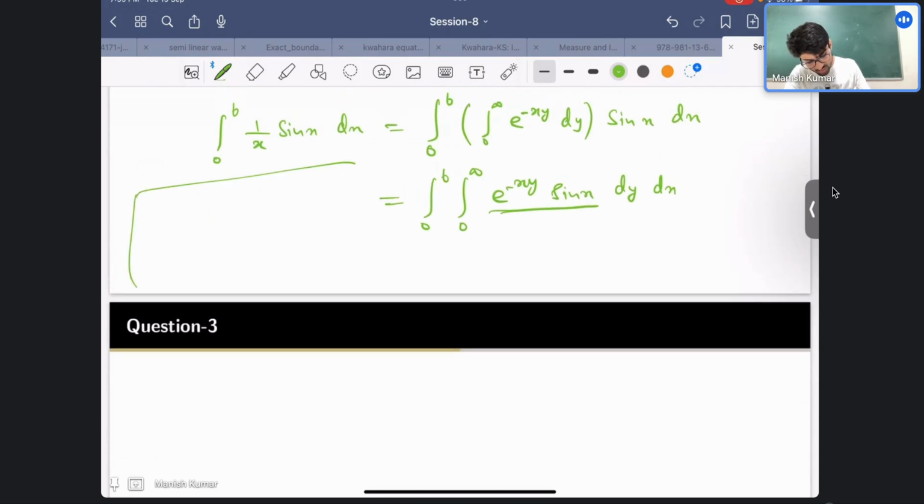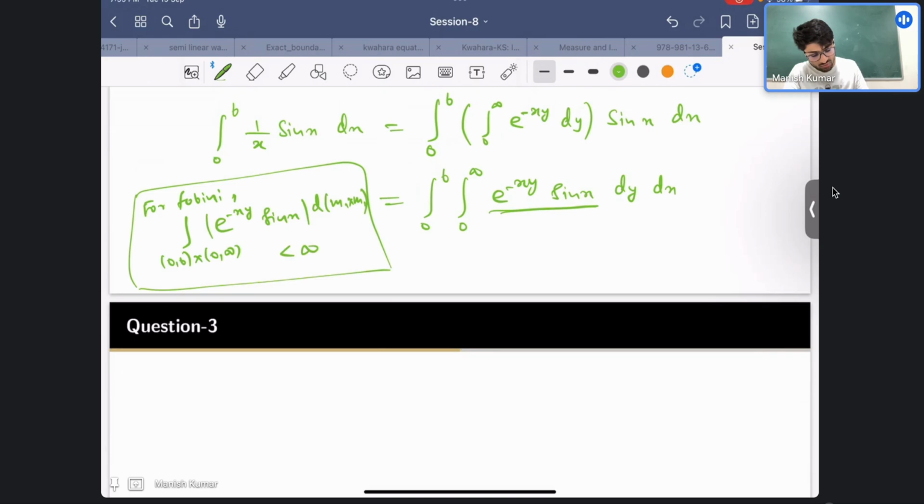So for Fubini, you want to make sure that over 0 to b cross 0 to infinity, this e minus xy sin x, the product measure, so dm1 cross m1, the Lebesgue measure, is finite, right? If you can prove that this is finite, then we can use Fubini and it will be 0 to infinity, 0 to b, e minus xy sin x dx dy, right? So I have interchanged this one. So we have to first make sure whether this happens or not.